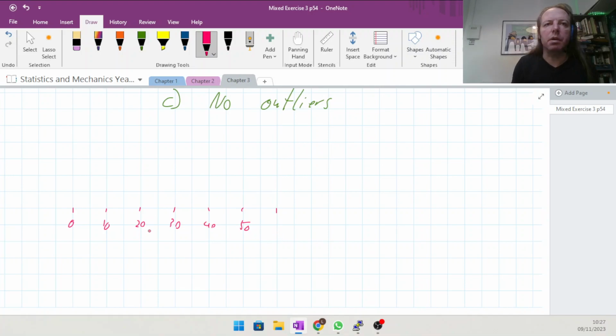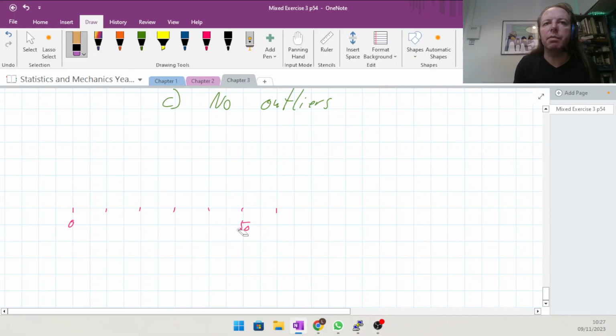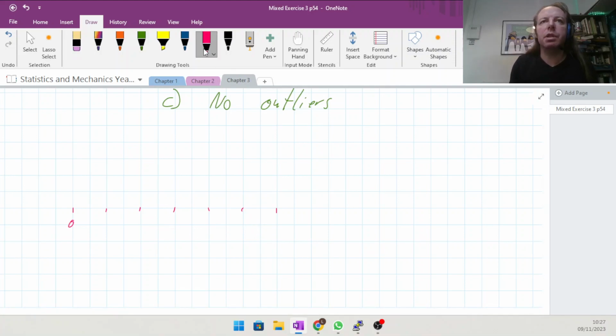I think what I'm going to do is extend this out a little bit more just to give myself a bit more accuracy on it, and so I'll go 10, 20, 30, 40, 50. And this is bags sold.